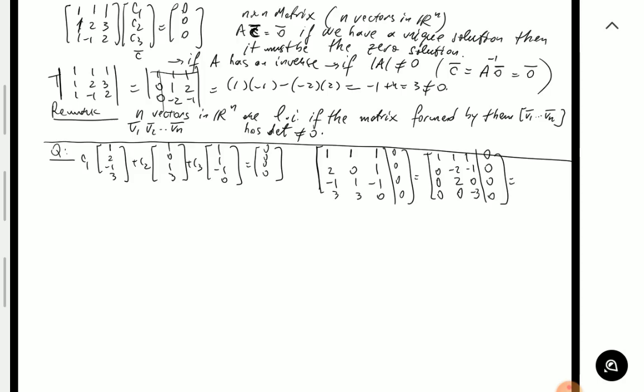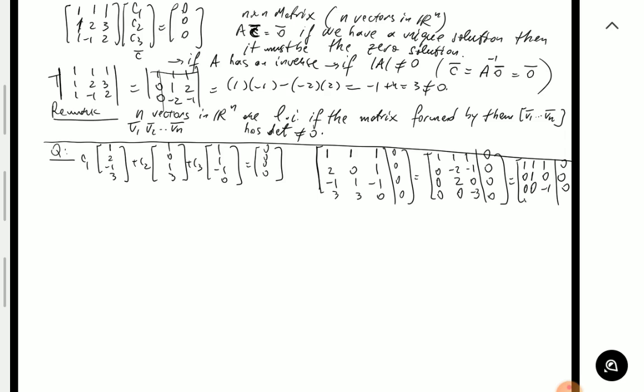Then I'm going to use the third row and put it in the second position after I divide by 2, because that'll give me the second pivot right there. Then I'm going to add it to row 2 and make it row 3 now. 0, 0, negative 1 and 0.